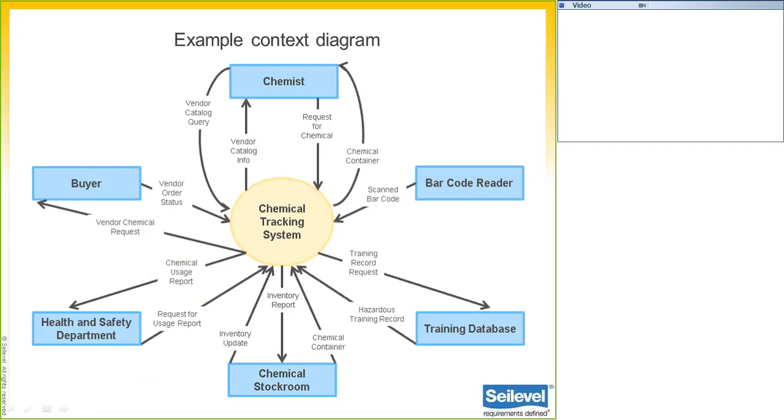As you can see, we've got other external entities that are systems, that are databases, that are organizations, and that's okay. So let's assume that the buyer is a person for now. She takes the vendor chemical request from the system and does something with it. And she or her system also passes a vendor order status back to the system.